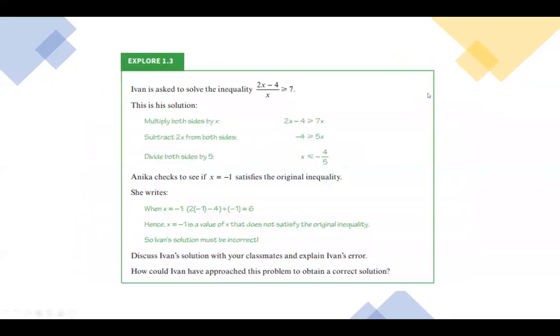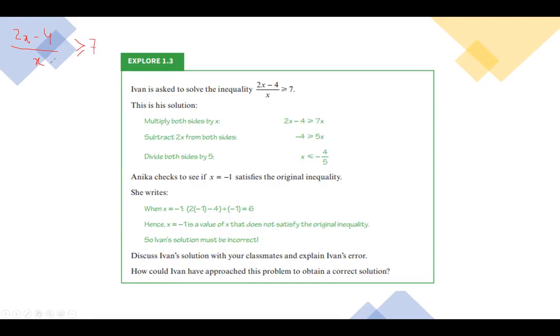Now moving forward, the second is (2x minus 4) divided by x is greater than or equal to 7.